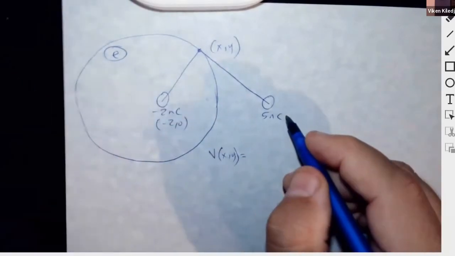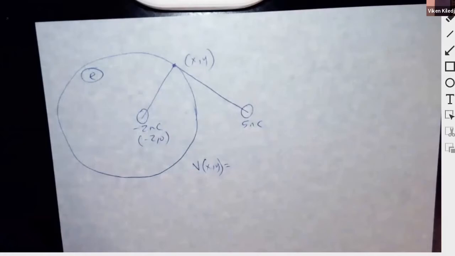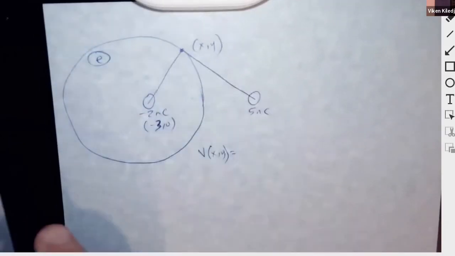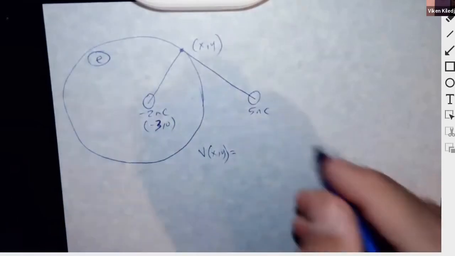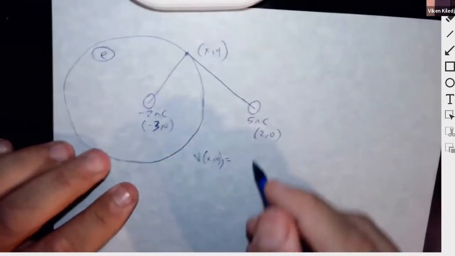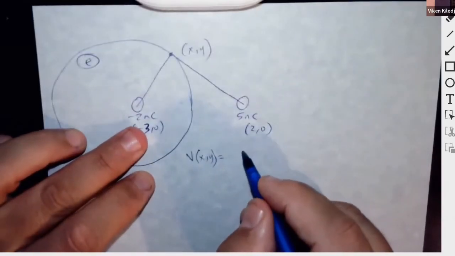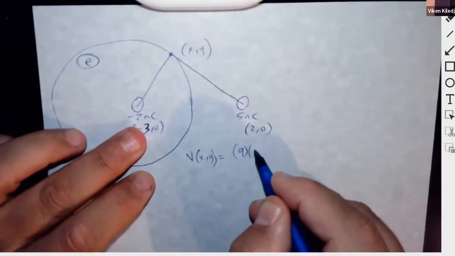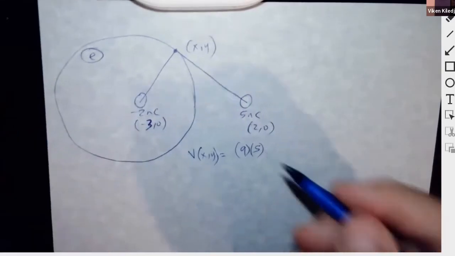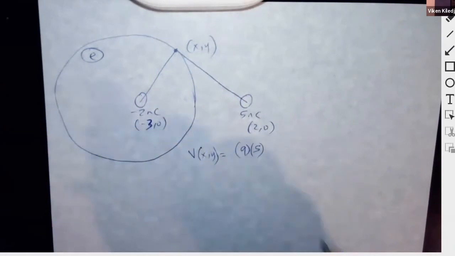And the other one was, no, sorry, -3, 0. And then the other one was 2, 0. So then you're going to have here 9 times the 5. No, sorry, 9 times the -2.